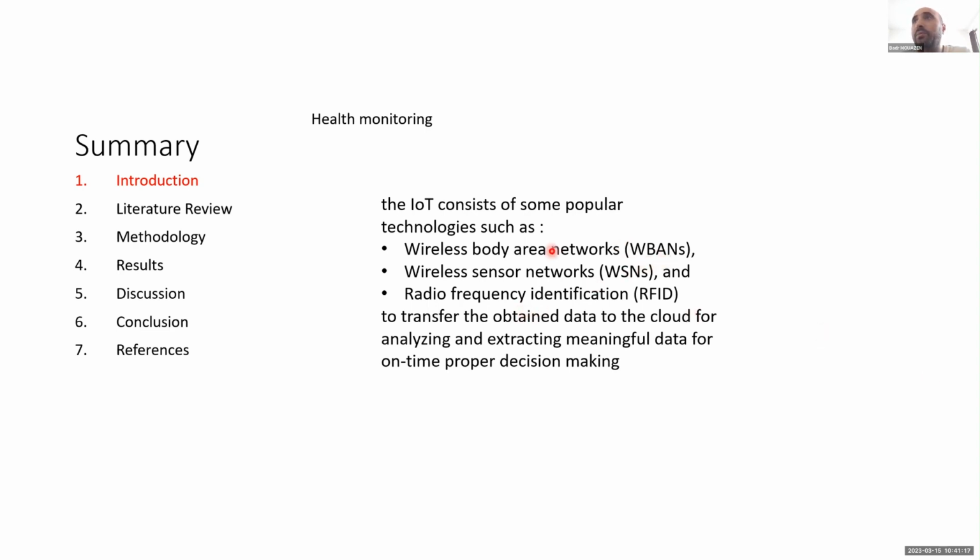Actually, WBAN is more about the body, and WSN is more about environment sensors. And there are other sensors that use RFID, radio frequency identification, to transfer the obtained data to the cloud for analyzing and extracting meaningful information.